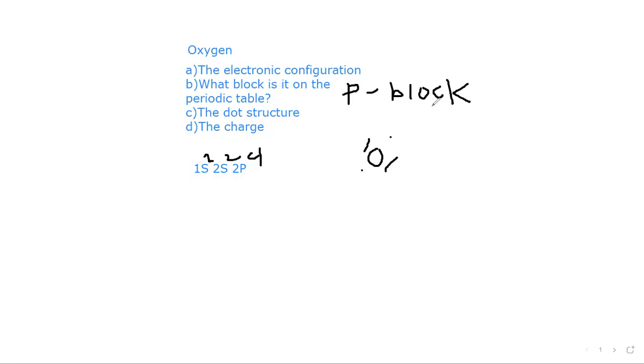So you guys remember the quantum numbers, right? The N, the L, the M sub L, and the M sub S. Yes, those are the quantum numbers. Cool.